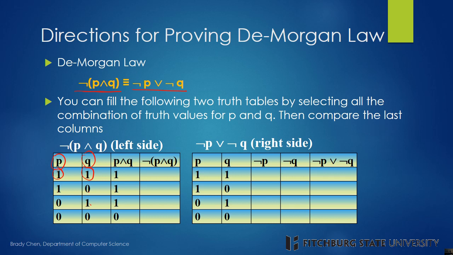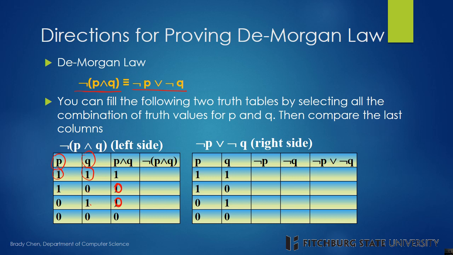P is true and Q is false, and P and Q is also false. P is false, Q is false, and P and Q is also false. I think that's a mistake, I put a 1 here. When both P and Q are false, then these are false.